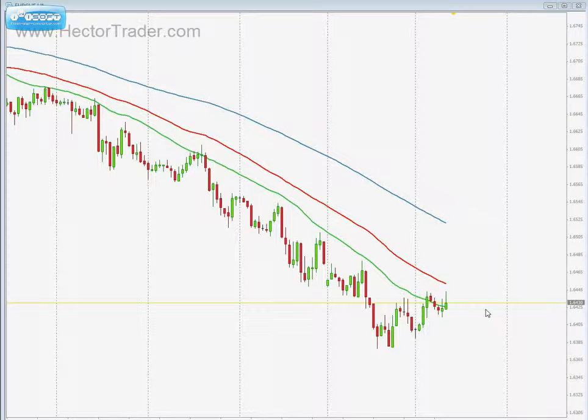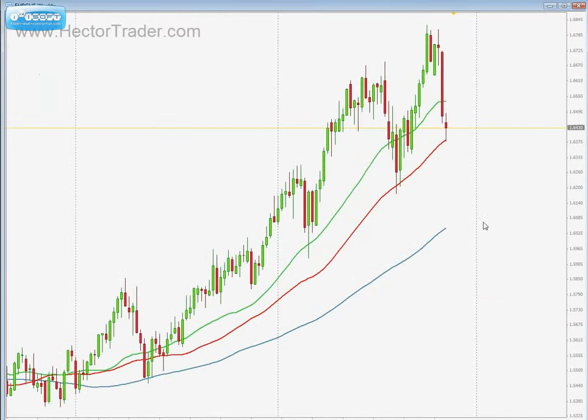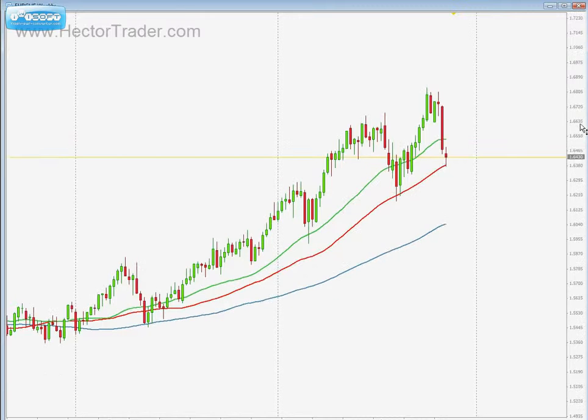What's going on in the longer time frames? In this case, let me show you this same chart, but on the weekly time frame. Okay, let's go to the weekly chart and have a look what's going on there. Have a look. We are about to hit an uptrend line. All right.